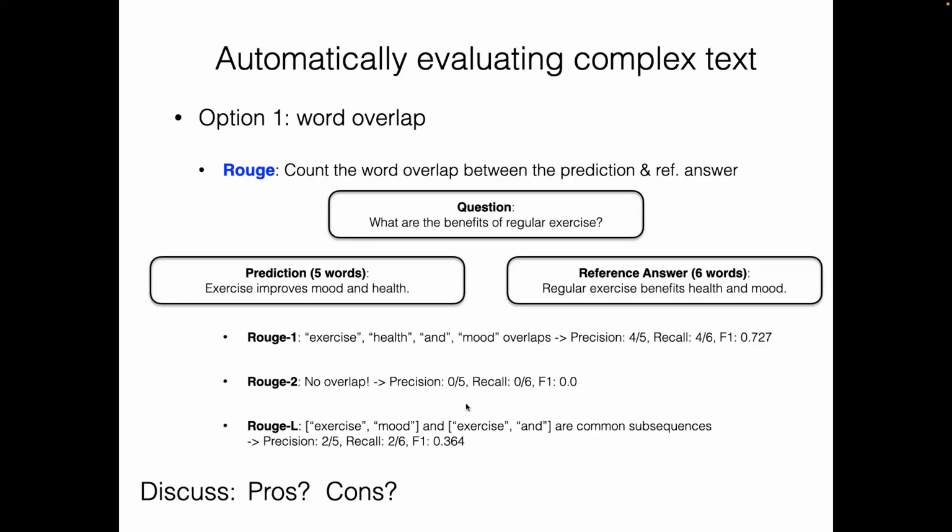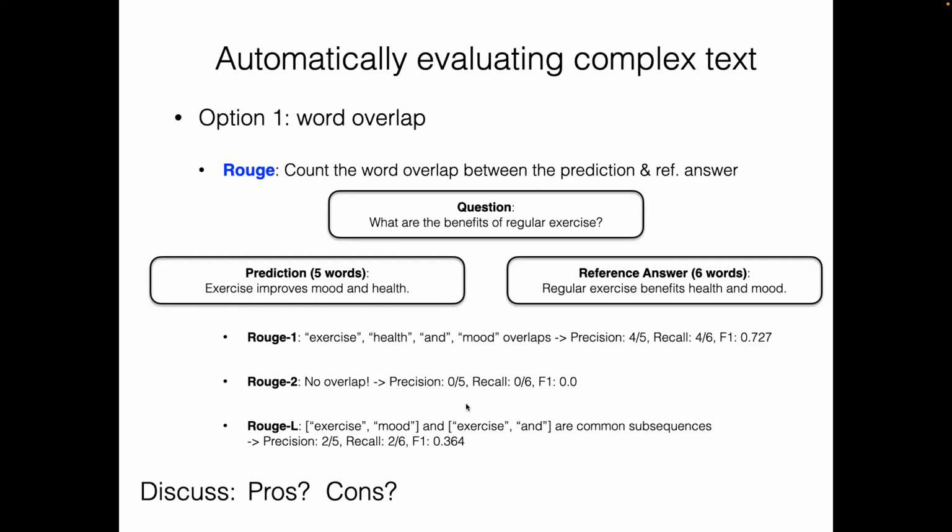Yeah, so that's great. Going back to maybe the first couple of lectures, we had this issue with using these kind of surface level things. You can't detect the synonyms or this kind of underlying semantics of the text. Anything else?